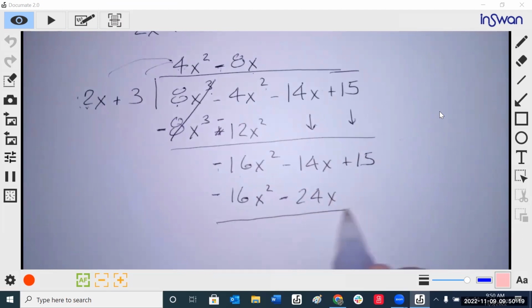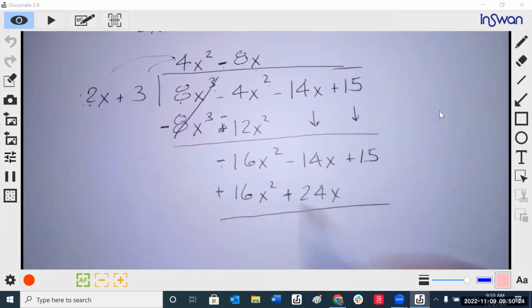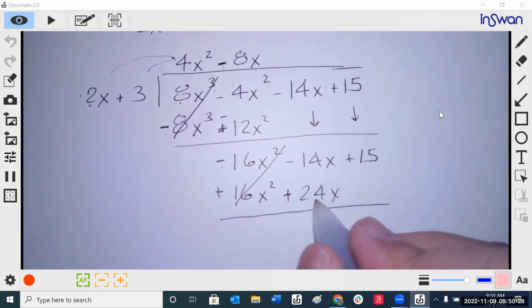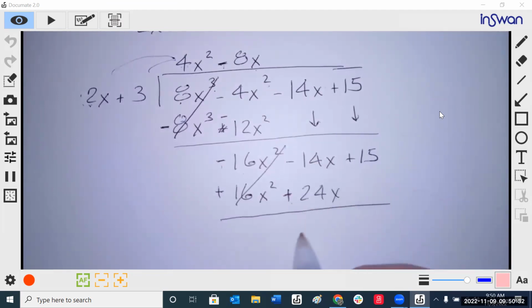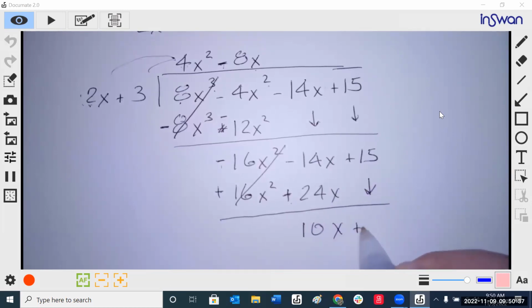X. Change the signs and add. 24 is bigger than 14, so we keep it positive. 24 minus 14 is 10. And bring down everything else.